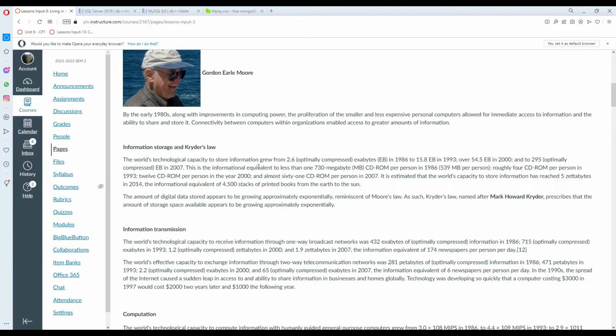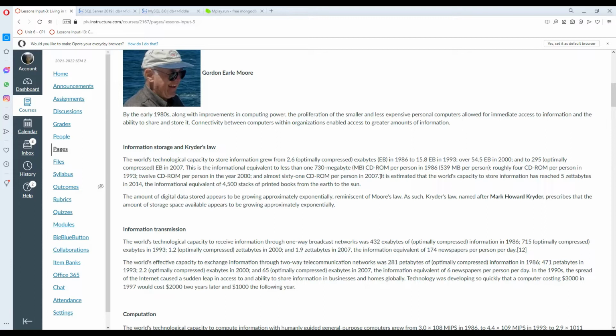This is the information equivalent to less than 1,730 megabytes of CD-ROM per person in 1986, or 539 MB per person, roughly 4 CD-ROM per person in 1993, 12 in year 2000, and almost 61 per person in 2007. It is estimated that the world's capacity to store information has reached 5 zettabytes in 2014, the information equivalent to 4,500 stacks of printed books from the Earth to the Sun.